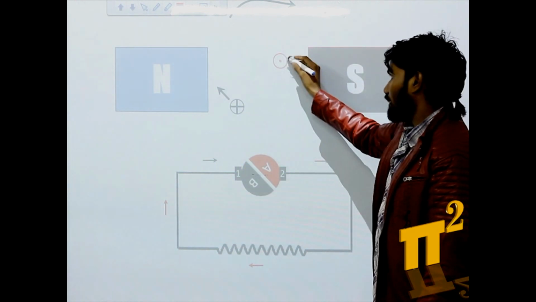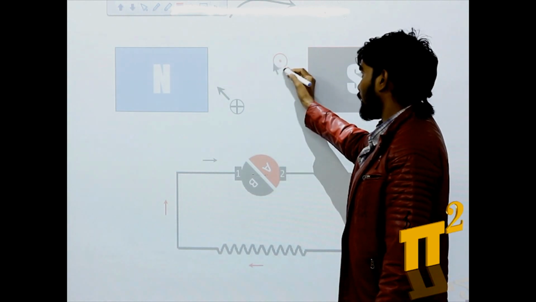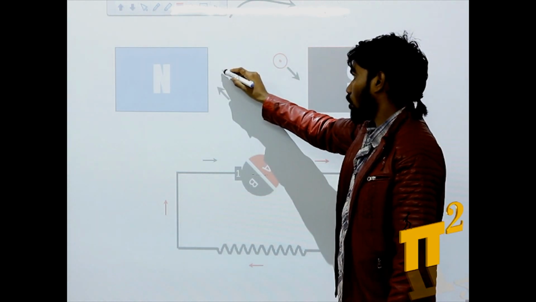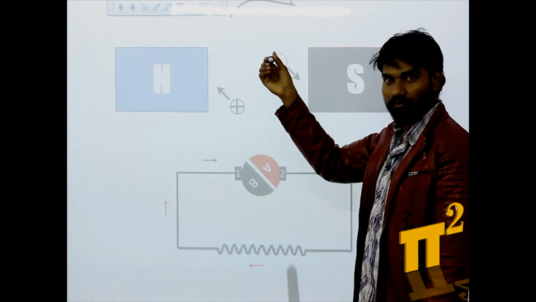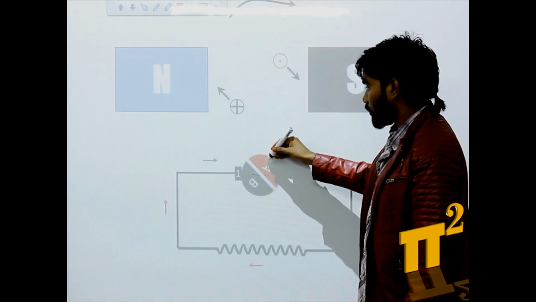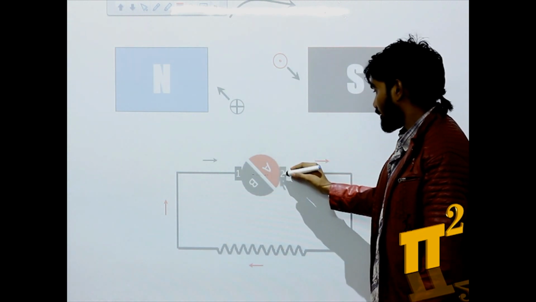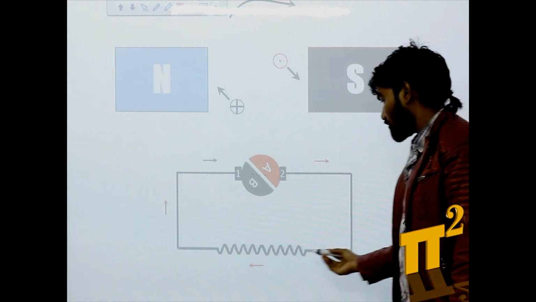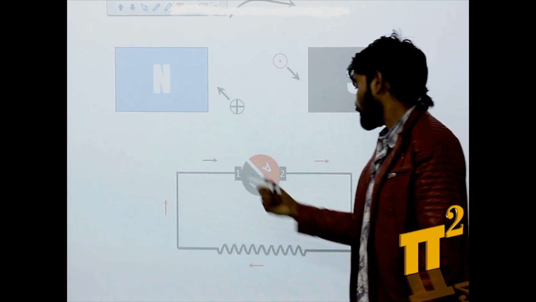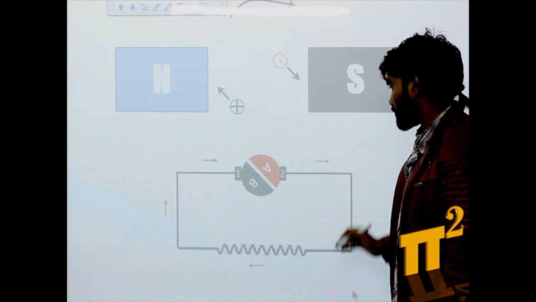So here, like previous case, current direction has changed from cross to dot. So current is coming out, which is fed to this red part. Now red part is in connection with brush 2, so current flows this way, which is same as before. Observe the current directions.